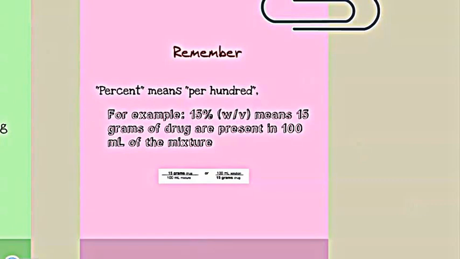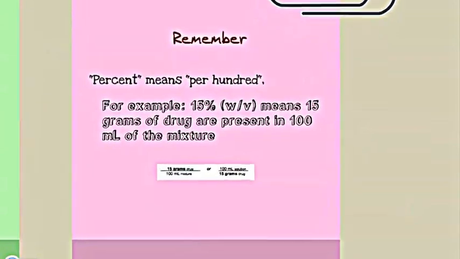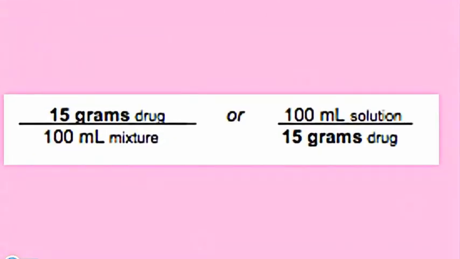For example, 15% weight by volume means 15 grams of drug are present in 100 milliliters of the mixture. This can be expressed as 15 grams of drug over 100 milliliters of mixture, or 100 milliliters of solution per 15 grams of drug.